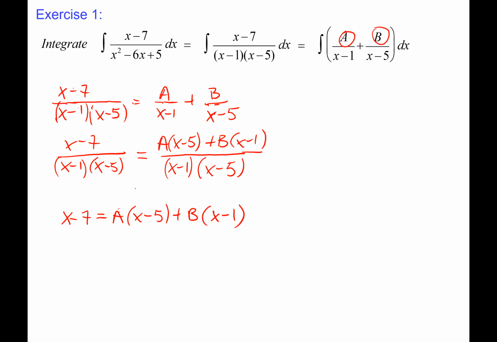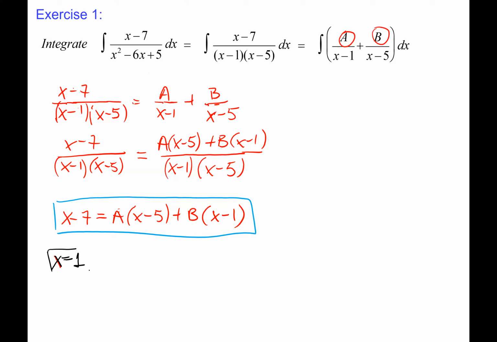Okay, and now I will focus on that equation, and let's see what I can do. We do have two ways to find A and B, and I will show you both of them, but let's start with the first one. The first way is, for example, to pick a value for x. I will pick maybe 1.